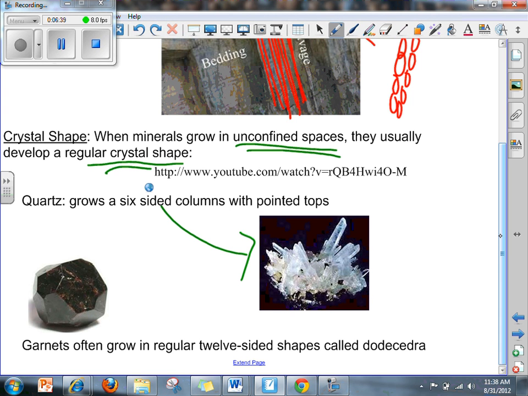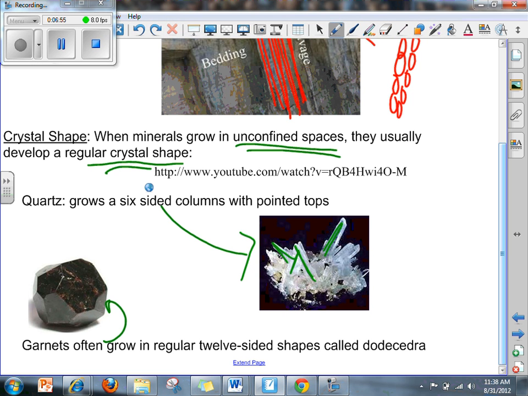So crystals of quartz generally grow in these nice long shapes, right, kind of one right on top of each other, here and here and here and here. Garnets, on the other hand, will grow in a 12-sided shape.